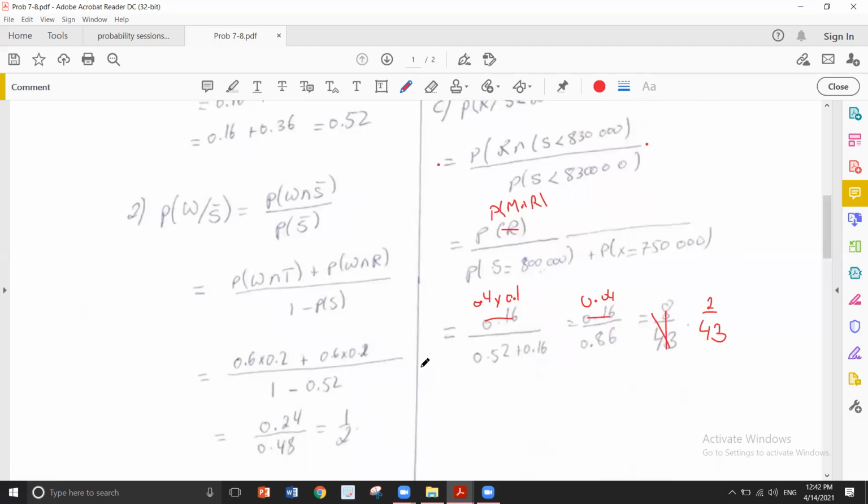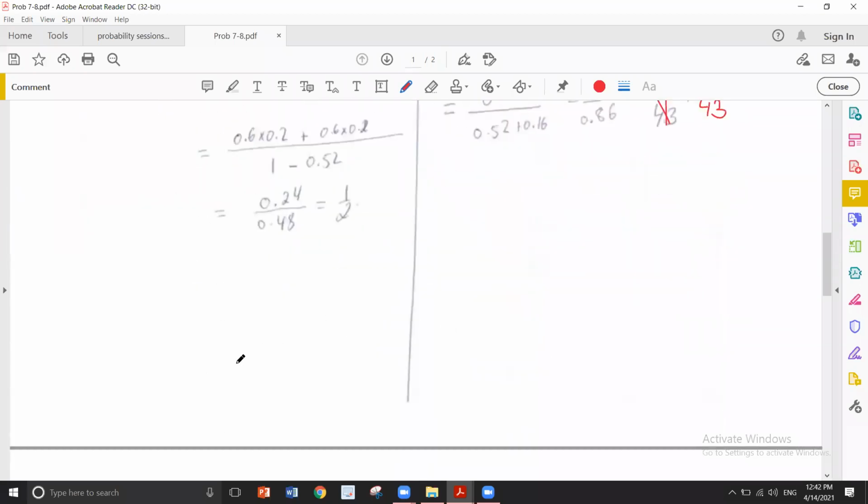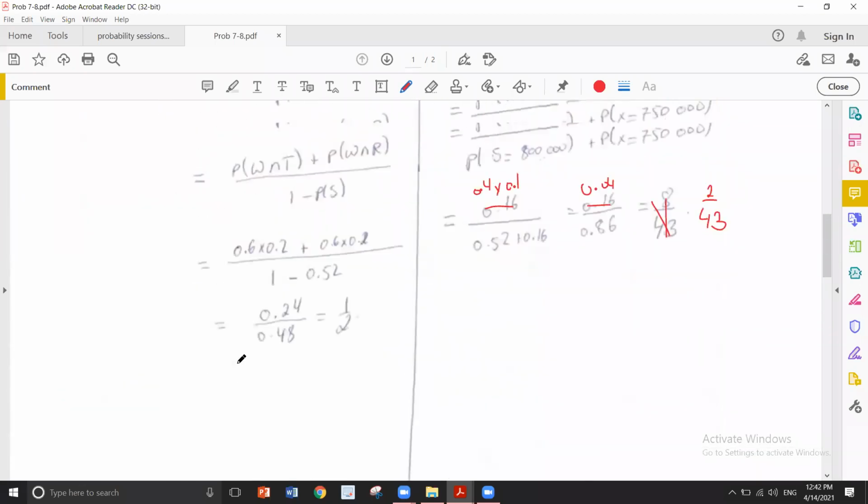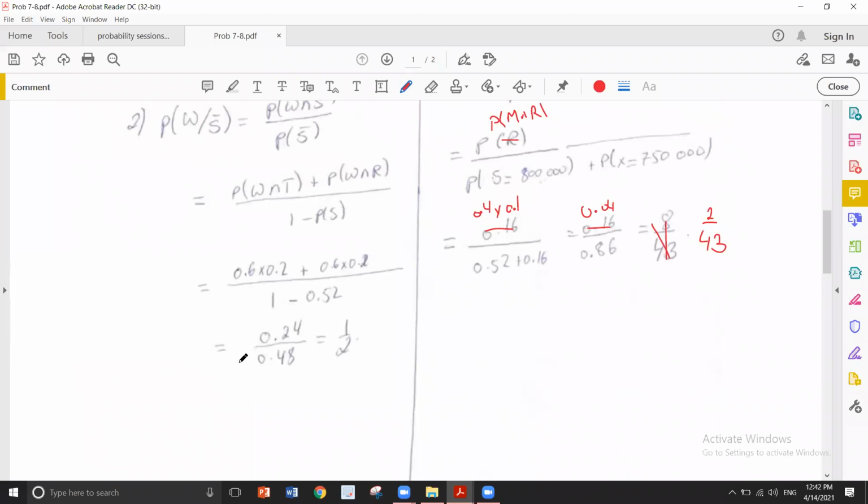Okay, this is all for this exercise and for today. Please for tomorrow prepare number 8. Then we solve about 4 or 5 periods in this chapter and we go to the last chapter.